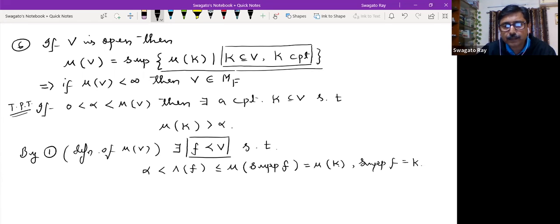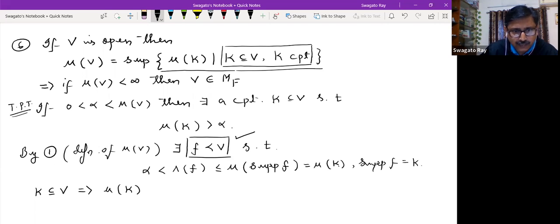Is that okay? But what is the relation between mu of K and mu of V? Well, the support of F is after all contained inside V. That means K is anyway a subset of V. The monotonicity then implies that the measure of K is smaller than the measure of V.